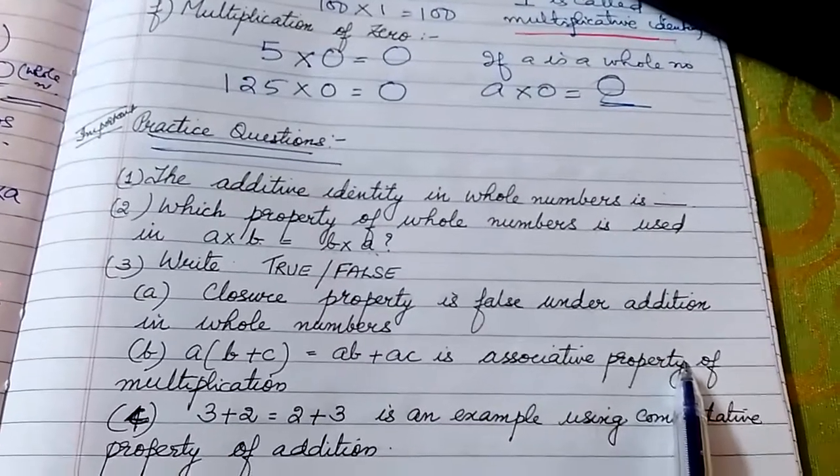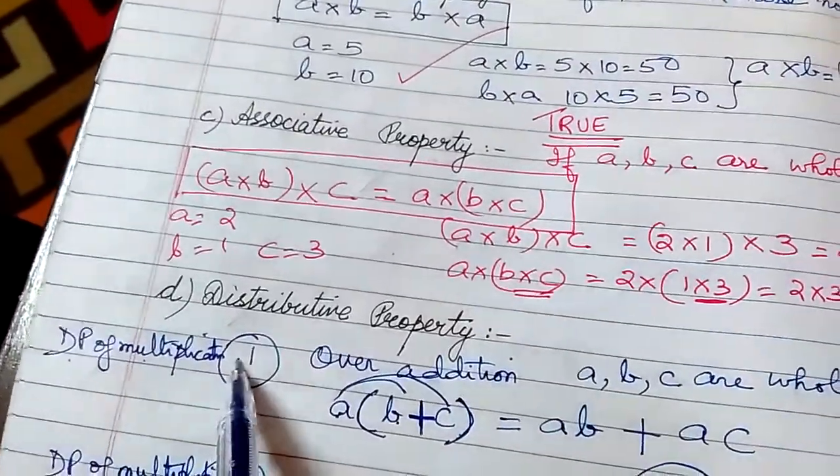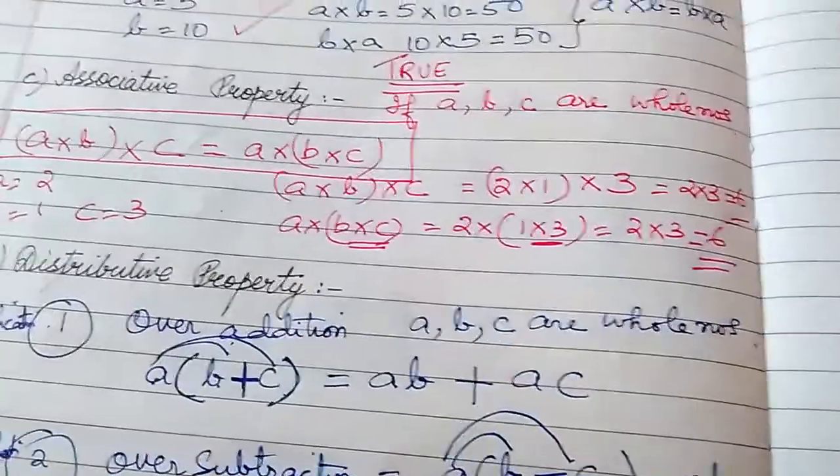Which property is it? The special property you have learned today: the distributive property. The distributive property of multiplication over addition and over subtraction. Those are the two properties you learned.